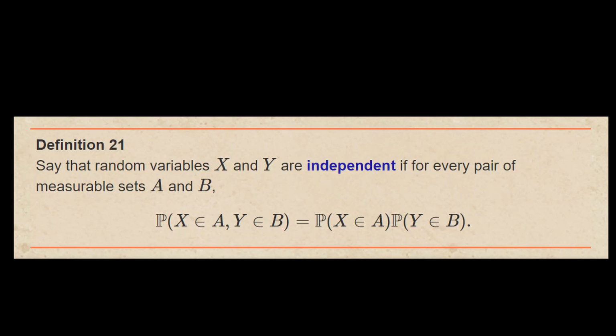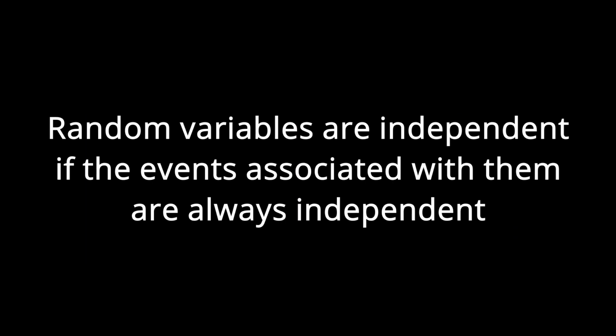Now, the notion of independence can also be extended to random variables. We say that random variables X and Y are independent if for every pair of measurable sets A and B, the probability that X is in A and Y is in B equals the probability that X is in A times the probability that Y is in B. In other words, random variables are independent if and only if every event involving the random variables is independent.